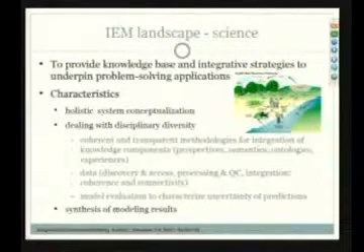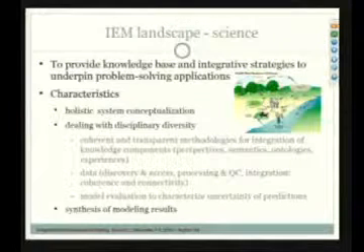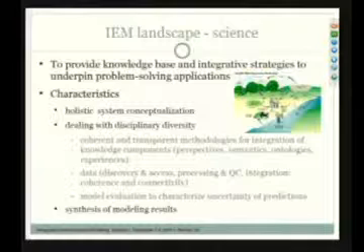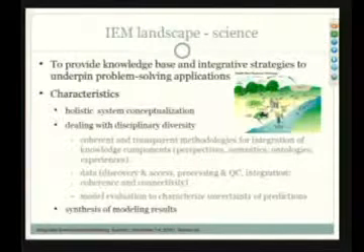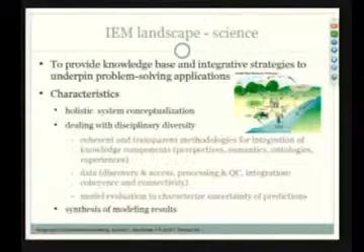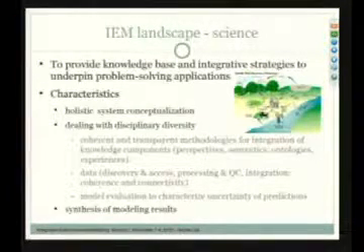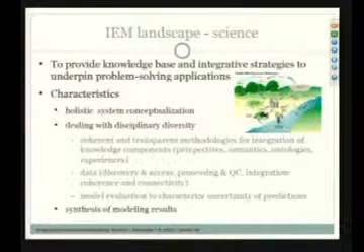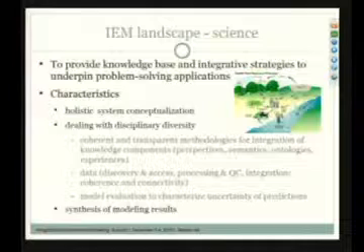So even the word model is not shared in the same way among the various disciplines. Let alone all the other aspects which are out there, which need to be integrated. And the key challenge of the science of integrated environmental modeling is that you know how to integrate to overcome that diversity.